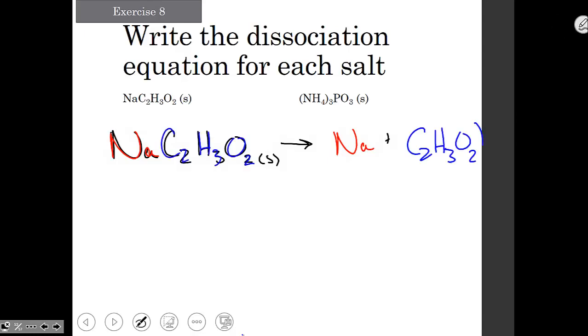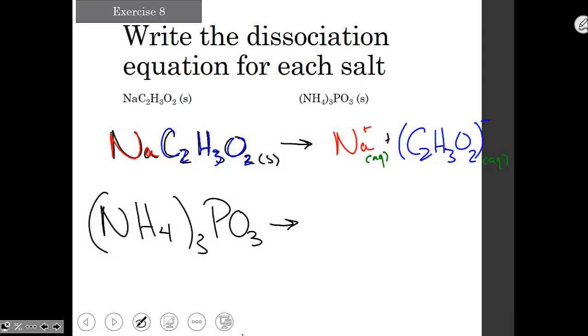These are ions, so they retain their charges in solution, and they're in solution. So we denote this by writing that they are aqueous, (aq), at the end of each one, to say they're in water.